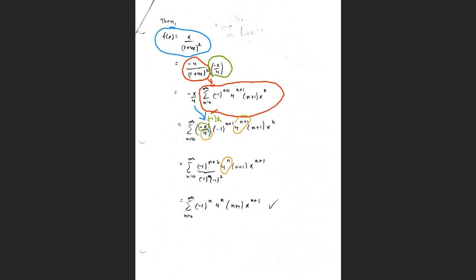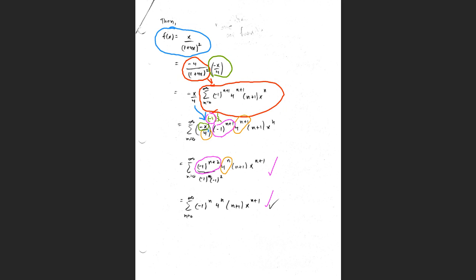Or -1 to the first power times x. And -1 times -1 to the n plus 1 is -1 to the n plus 2. See? And so we get the power series for this function.